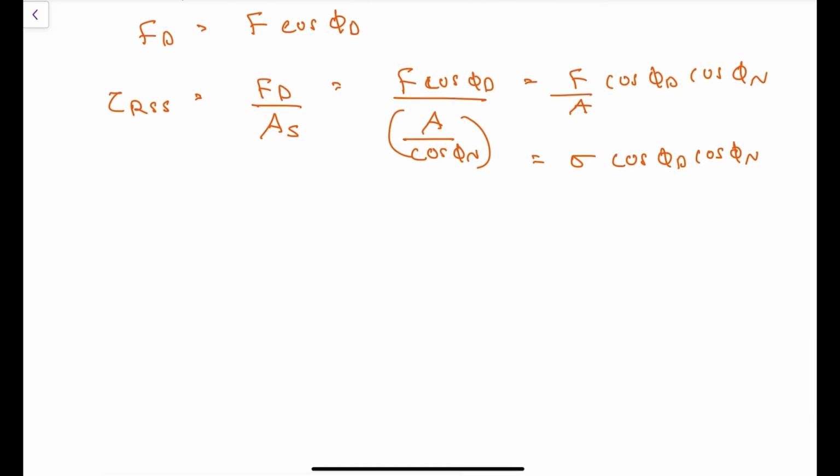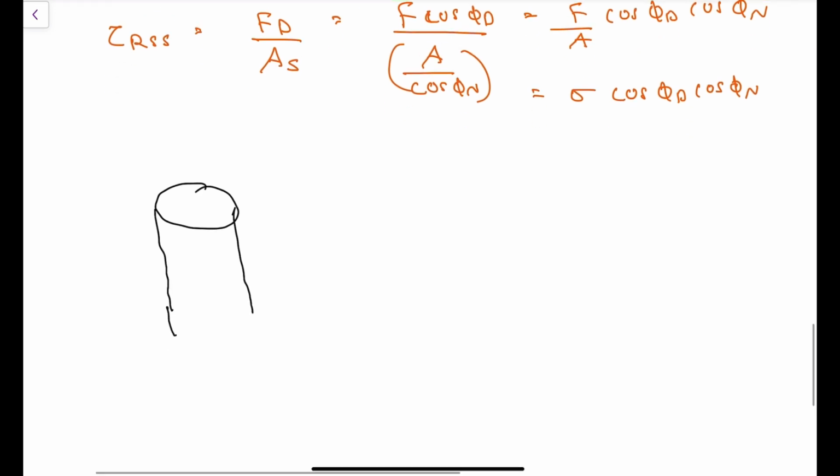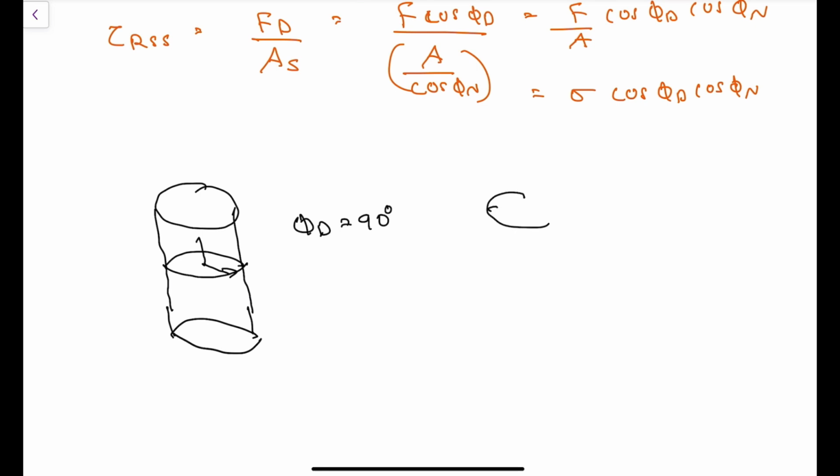Let us draw some special configurations. Consider a plane that is normal, where phi d is equal to 90 degrees. In another configuration, the plane is vertical, so phi n is 90 degrees.